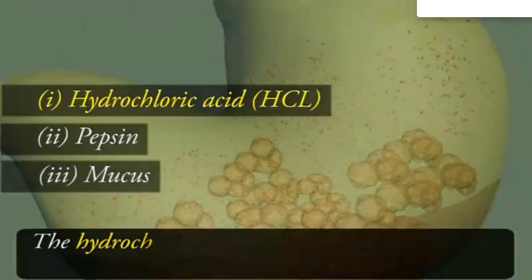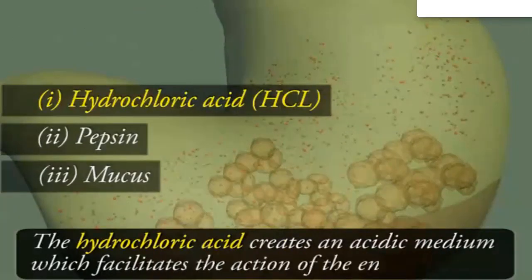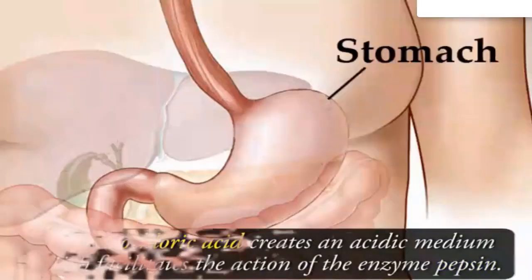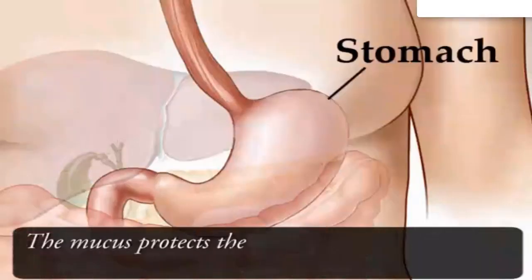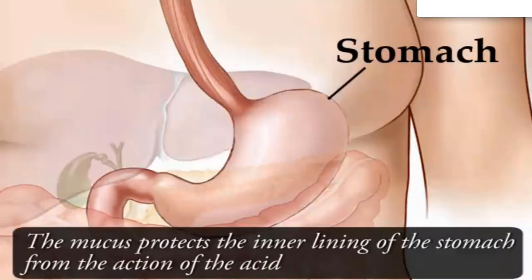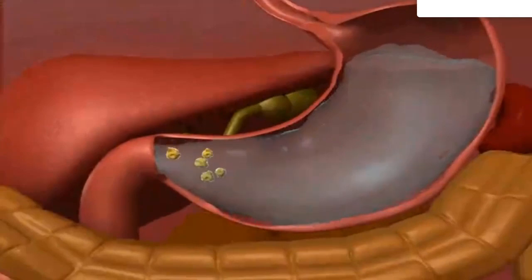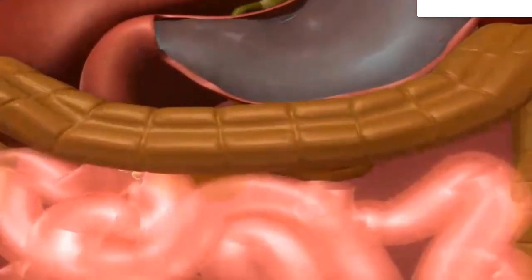The hydrochloric acid creates an acidic medium which facilitates the action of the enzyme pepsin. The mucus protects the inner lining of the stomach from the action of the acid. The sphincter muscle in the stomach releases the food in small amounts into the small intestine.